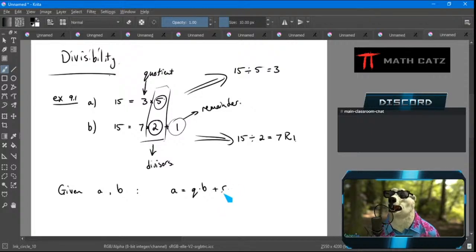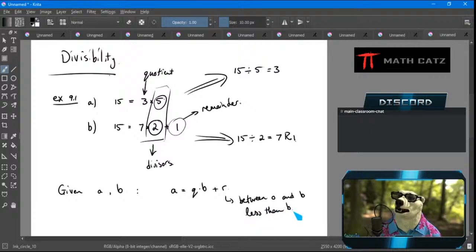The remainder could be 0, or it depends on what the numbers are. The remainder could be bigger. This remainder is always going to be between 0 and B. It has to be less than the divisor. Otherwise, I could have fit more B's in.